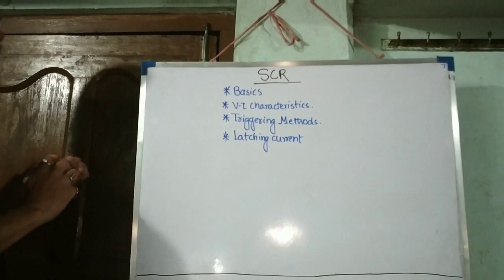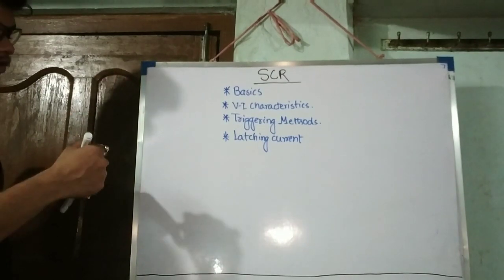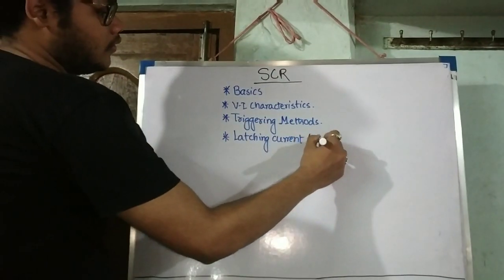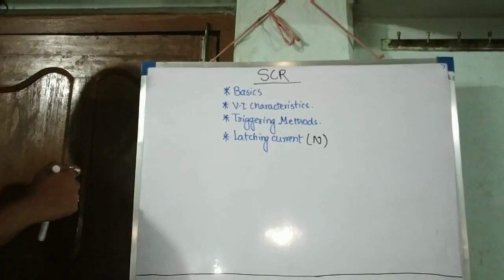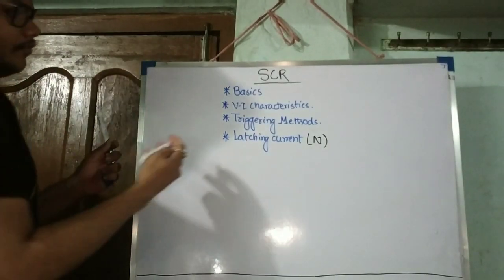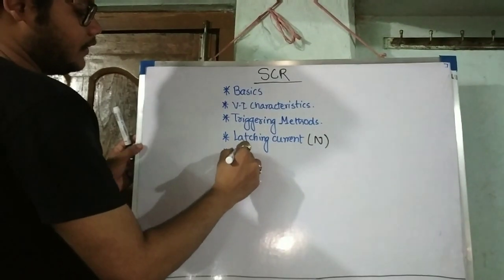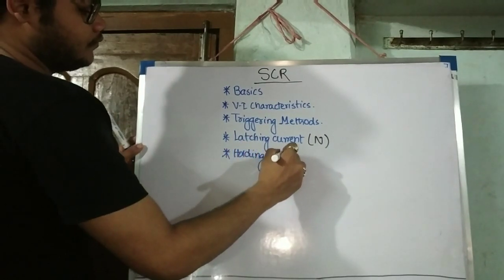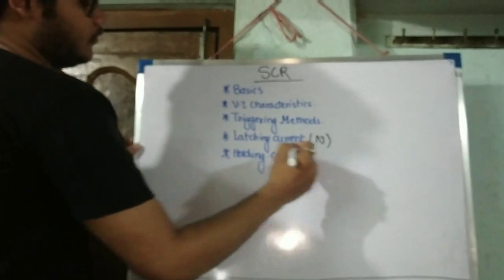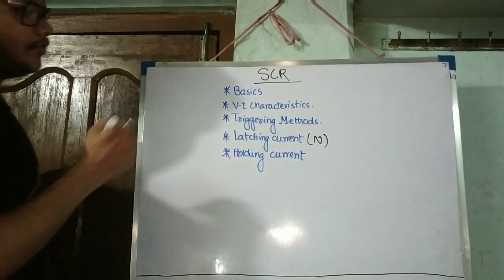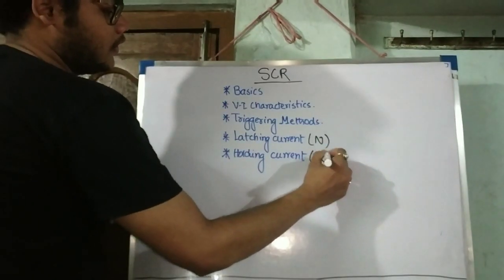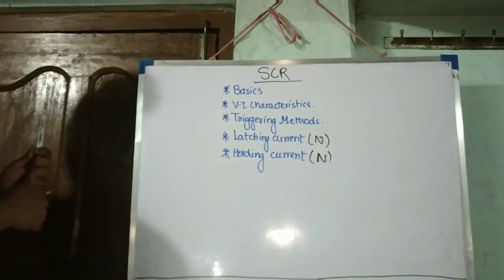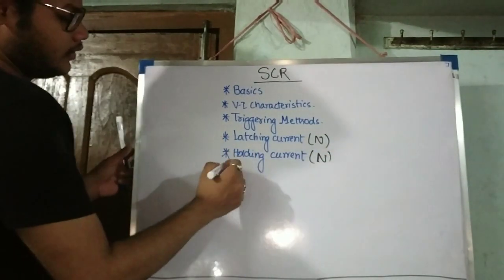Here we will see some numericals which are very important from the GATE point of view. Again, holding current. Here we will also see some numericals. Okay, so latching current, holding current.